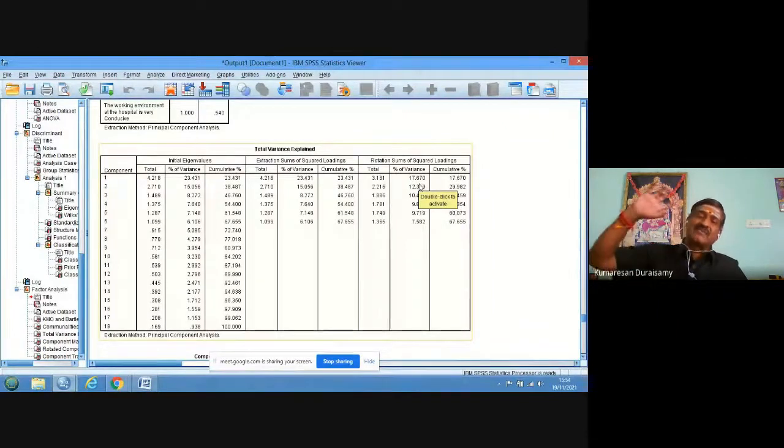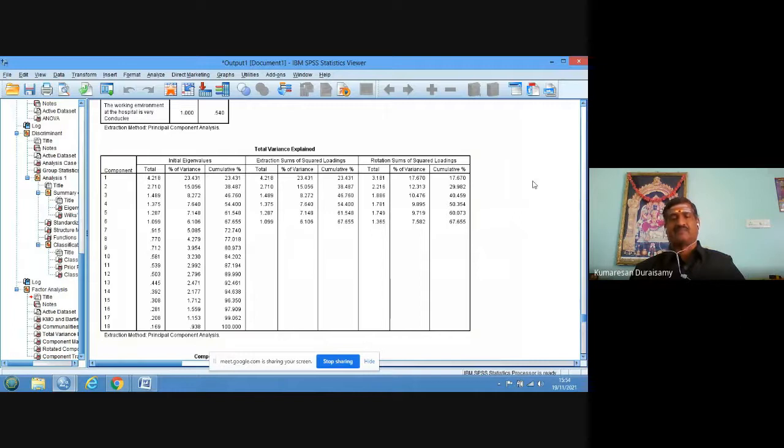So the satisfaction of employees is determined based on these factors to the extent of 17.67%. So these factors are the highest influencing factors.